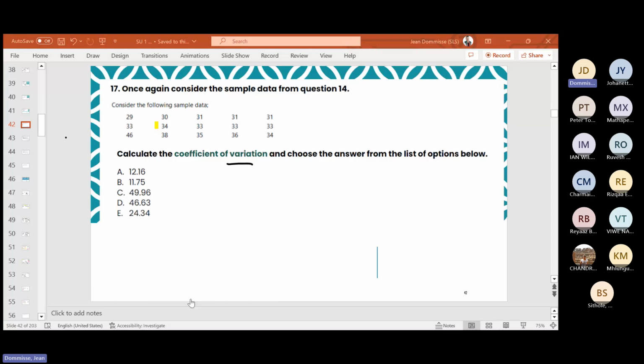So, yeah, very important that we need to do that. I just now quickly want to see what that formula is again, because coefficient of variation.